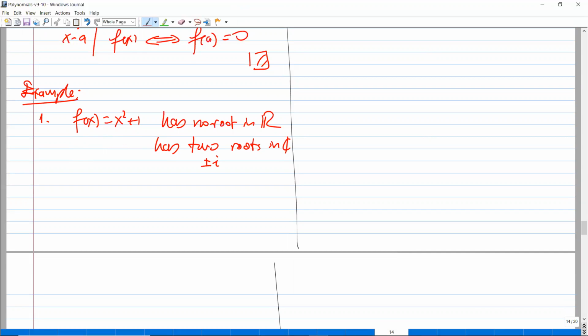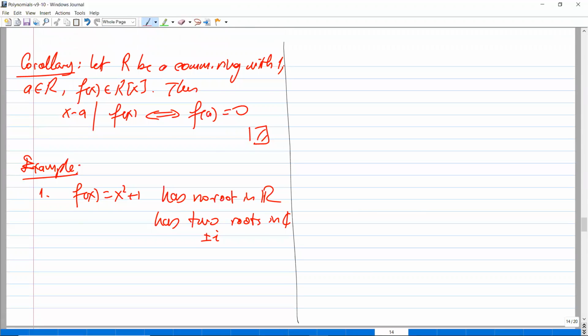But let's consider this second example. Let's take R to be Z8, namely Z over 8Z. So this is in some sense the classes of these 0 to 7. Let's write it like that.